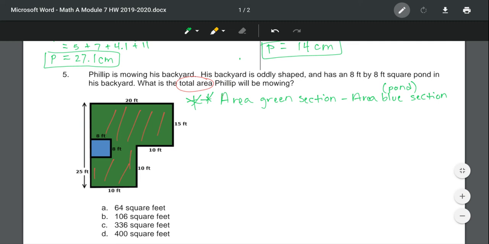So first we need to figure out the area of that green section before we do anything else. To get the area of the whole thing, we have to look at what this was originally: there was originally a rectangle that had this corner cut out.